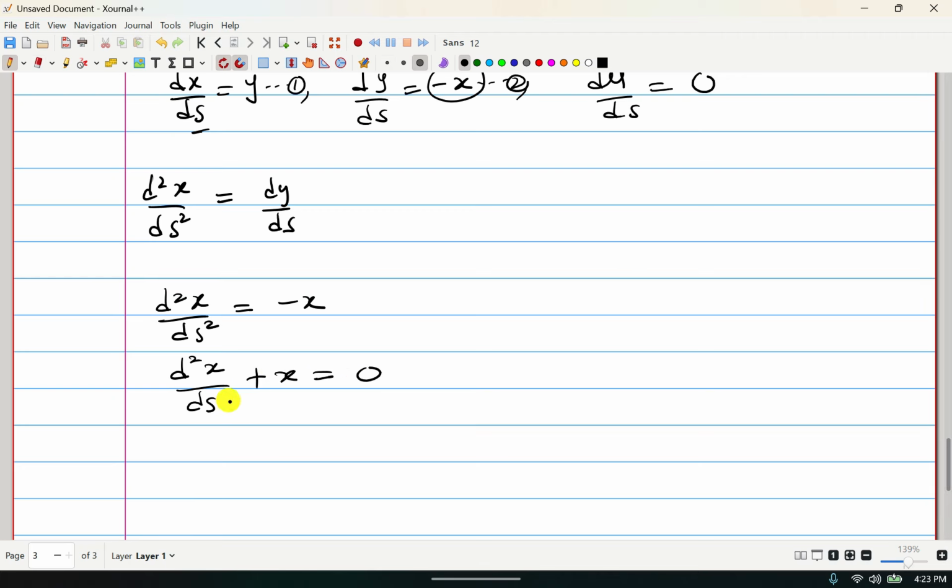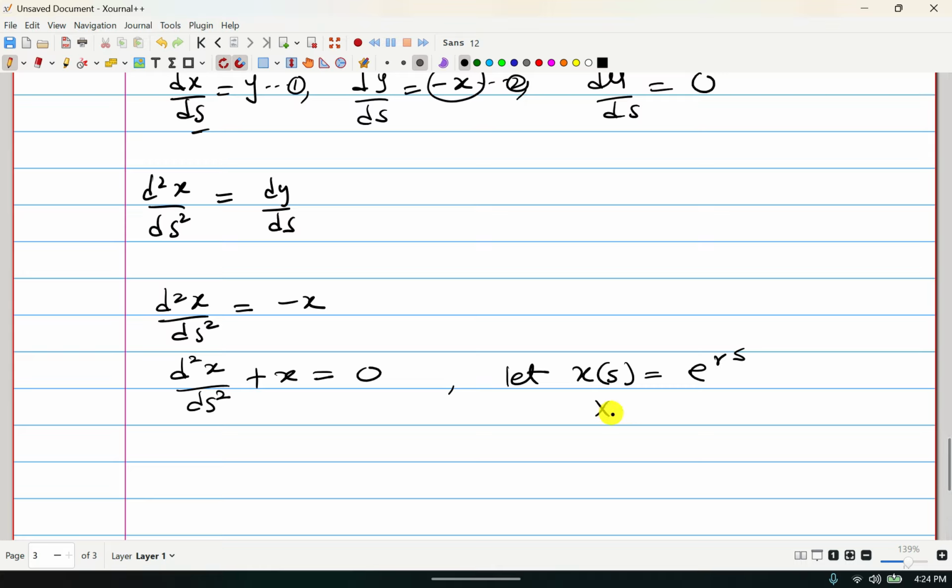And then we use the methods that we know to solve second order ODEs to solve this. Now when you have a second order ODE, linear with constant coefficient, you can use the idea of letting x of s be equal to e to the power rs, right?